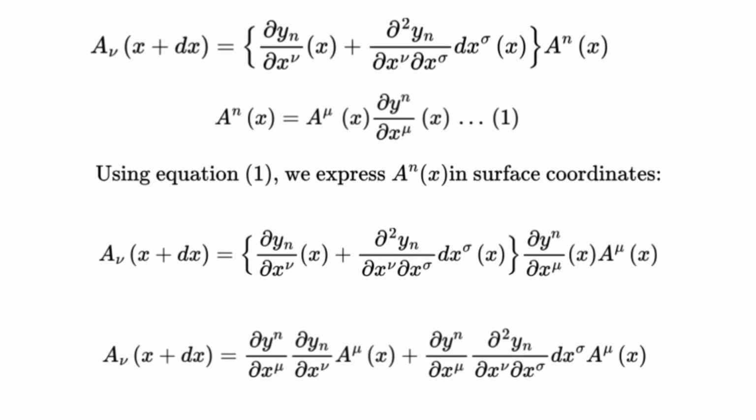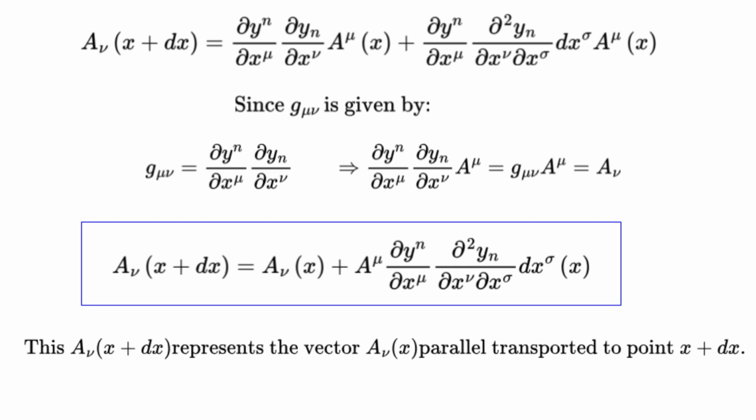Using equation 1, we express a^n(x) in surface coordinates. Since g_mu nu is given by this, a^nu(x plus dx) represents the vector a^nu(x), parallel transported to point x plus dx.